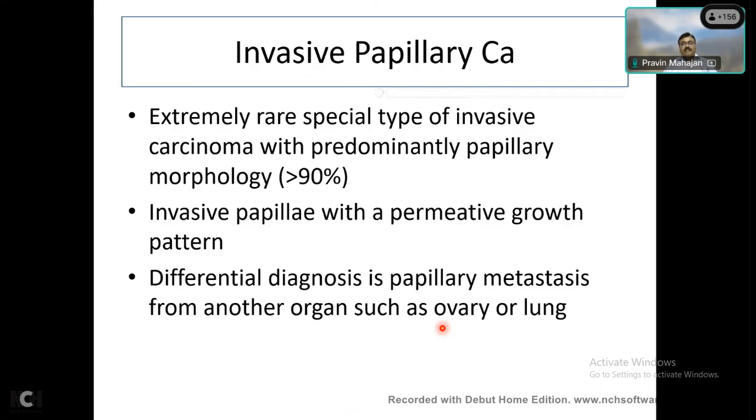When you are dealing with something that looks like invasive papillary carcinoma, you always have to rule out metastasis from other organs, most commonly ovary or lung, which can also metastasize to the breast. Once you rule out metastasis, only then can you call it an invasive papillary carcinoma of the breast.